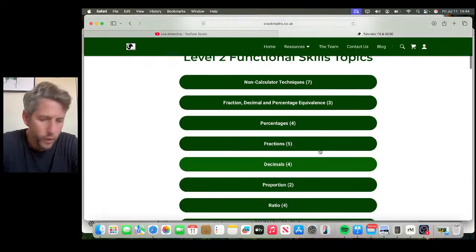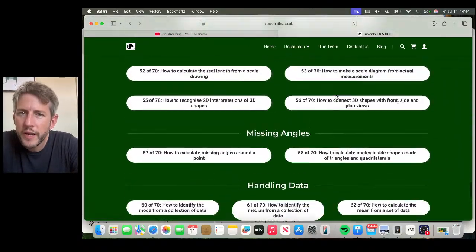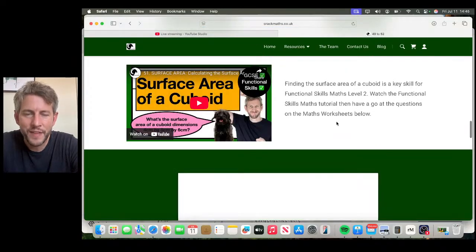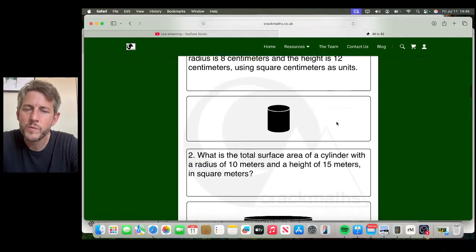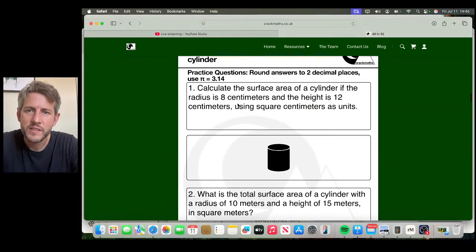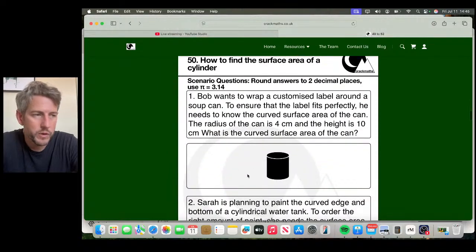So we are on topic 51, and topic 51 is here, how to find the surface area of a cuboid, and you can find that here, and here are the questions here. So question 1's there, question 2, and these are the scenario ones here.